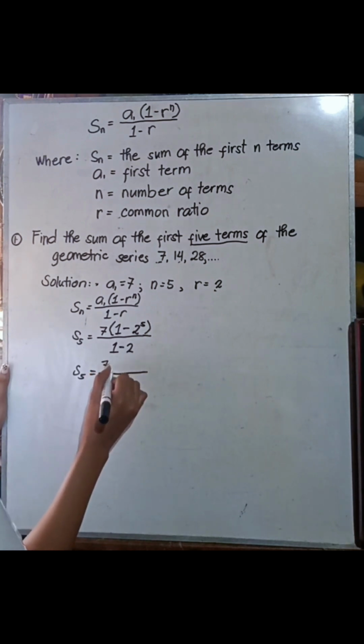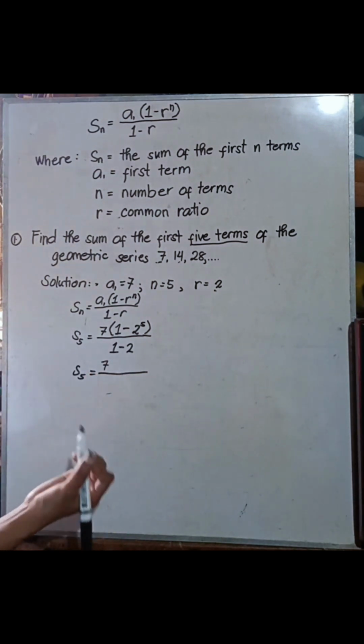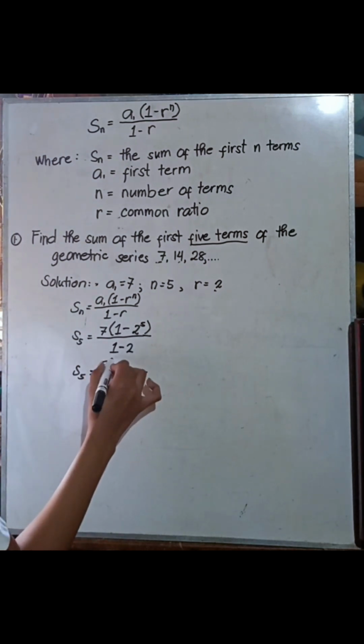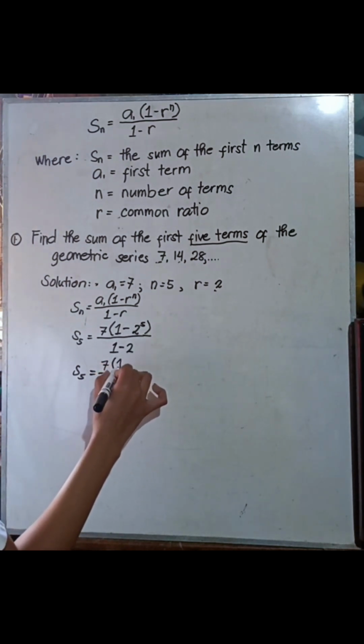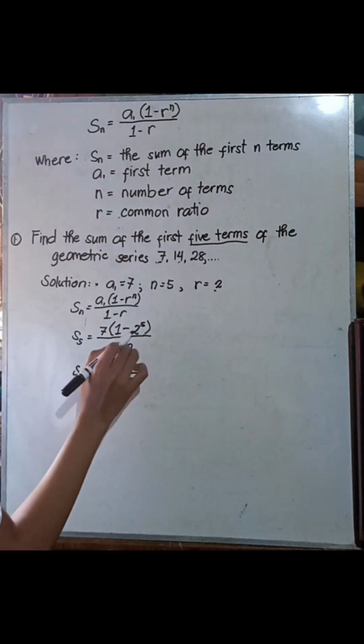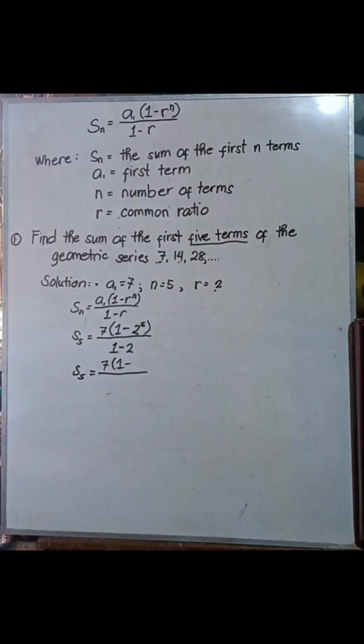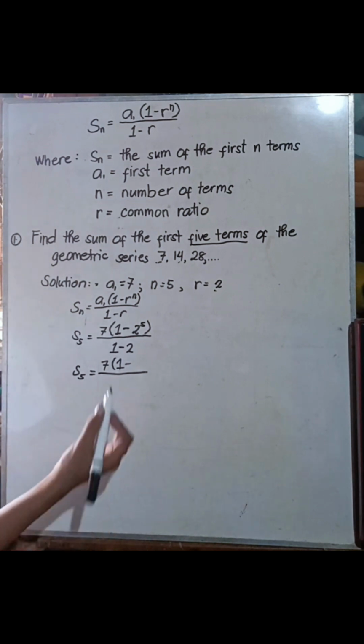Using the PEMDAS method, so parentheses, exponent, and now we have 1. So 2 exponent of 5, we have, pila man? We have 32.